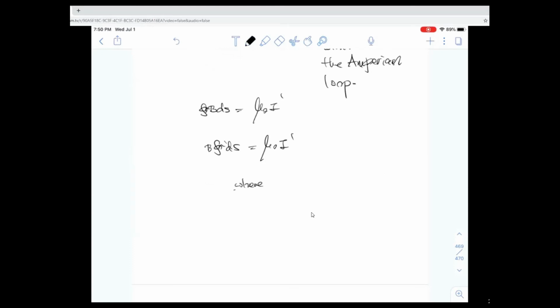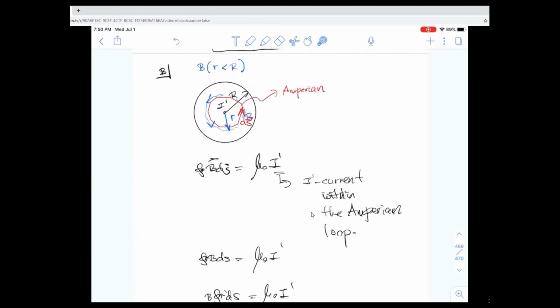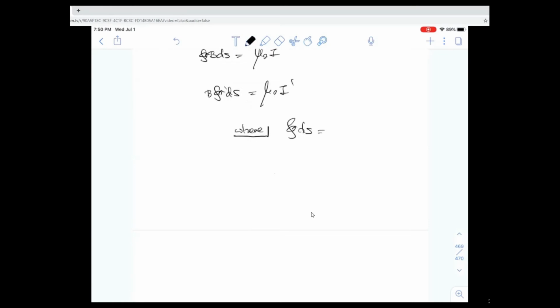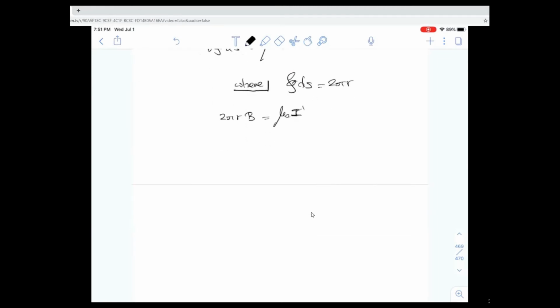All right, don't forget the primes. And once again, the line integral around the circle is going to be the circumference of it. All right, so we'll do a back substitution and solve for B. Okay, so that's it.